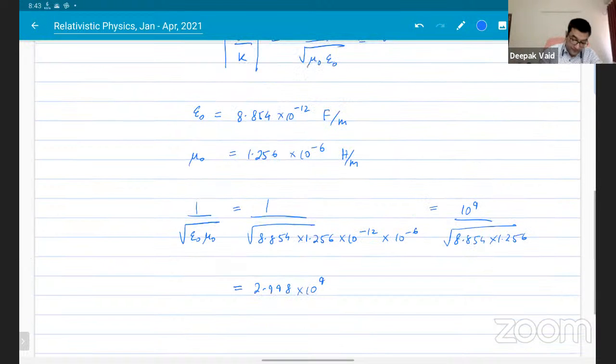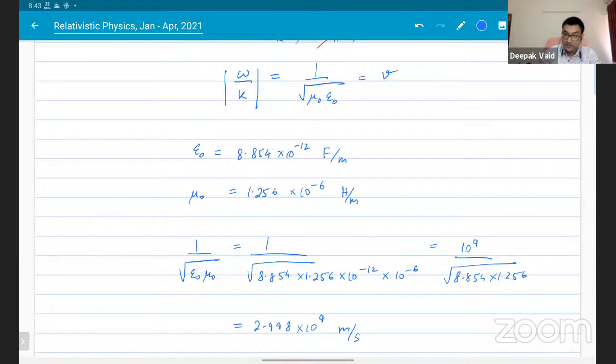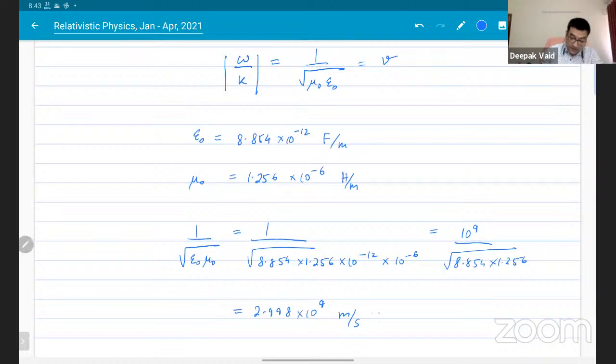Right? And the units of this will turn out to be meters per second, right? They have to be meters per second. So this is the velocity, the speed of the waves.